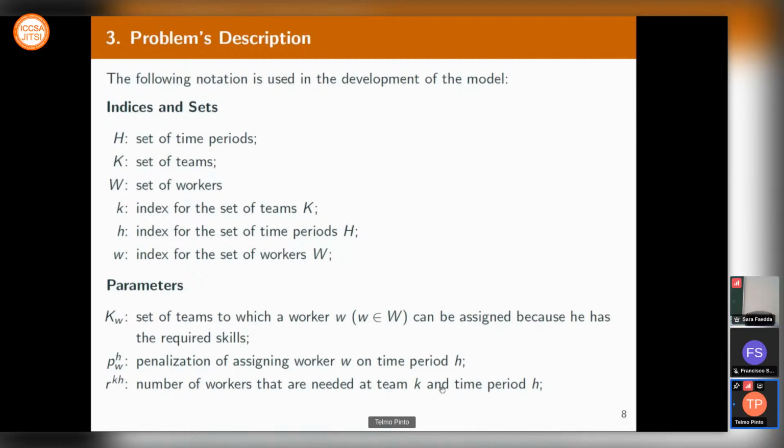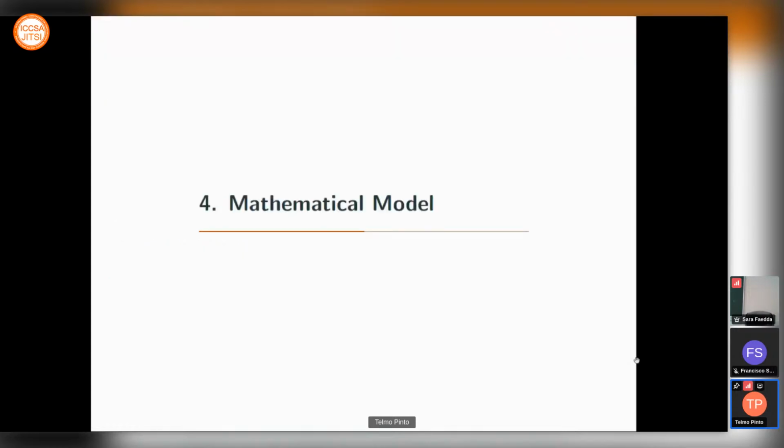In terms of parameters, we have K_w, which represents the set of teams K to which a worker w can be assigned based on their required skill. Additionally, we have p_hw, which stands for the penalization associated with assigning worker w to a specific time period h. Finally, we have r_kh, which denotes the number of workers needed for a particular team k during a specific time period h.